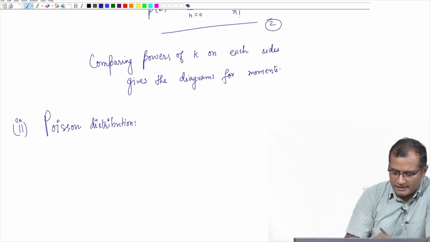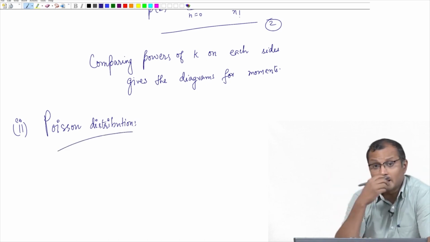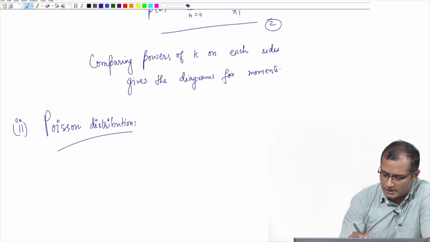I have already discussed the Poisson distribution in the class. So, I am just going to write down the distribution here.